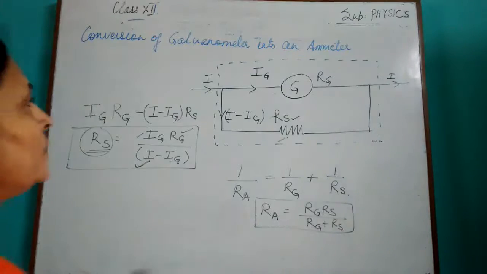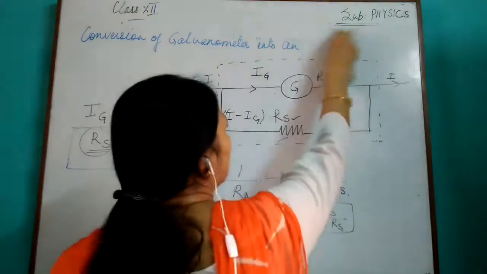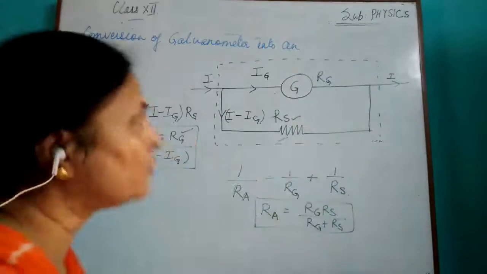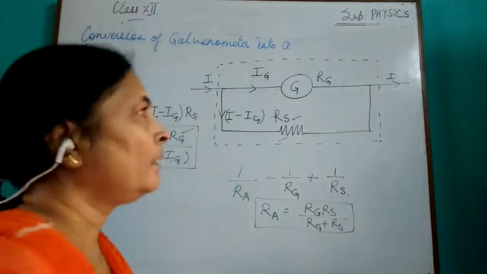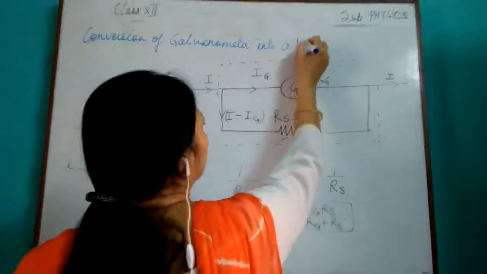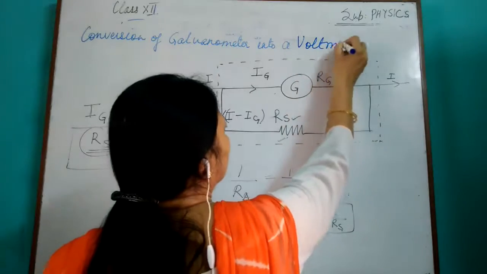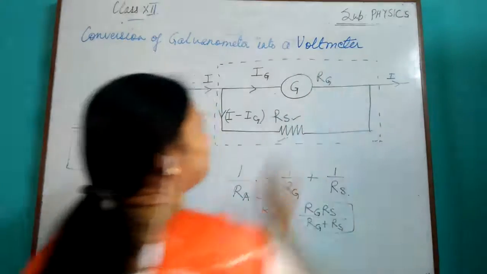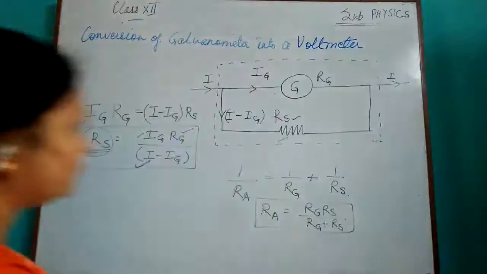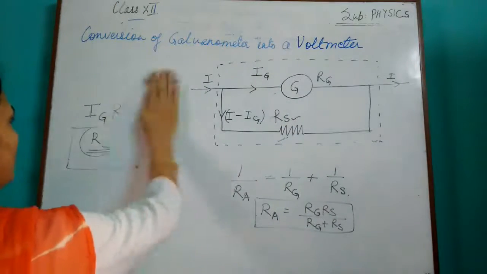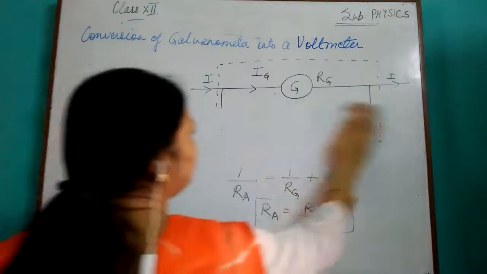Now we'll talk about conversion of a galvanometer into a voltmeter. For conversion into a voltmeter, again see, the galvanometer is going to remain the same.